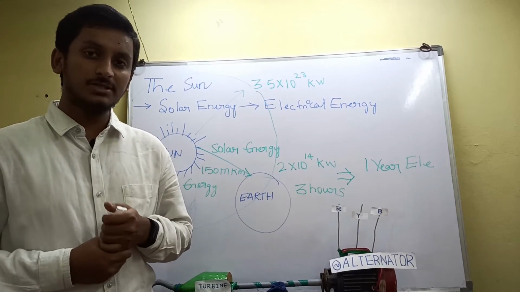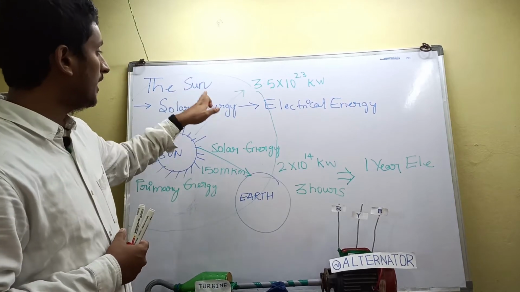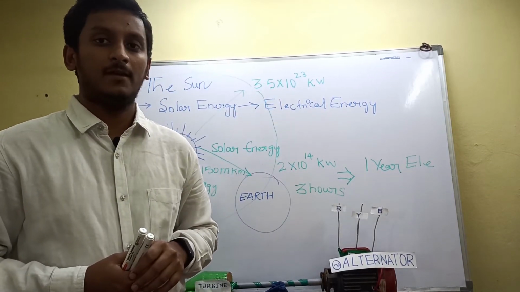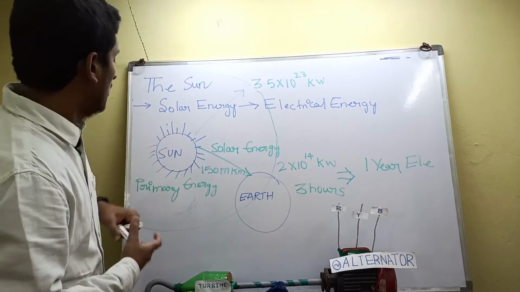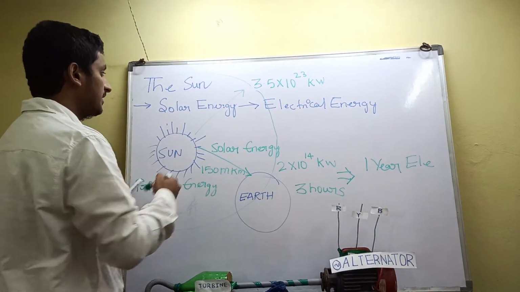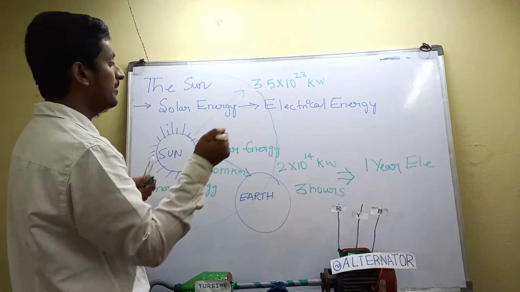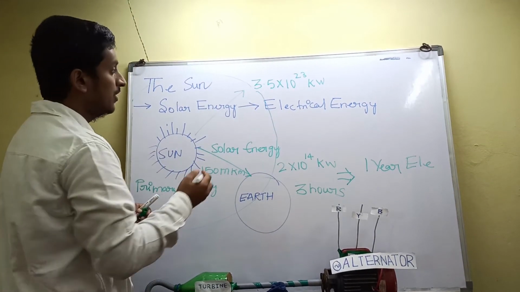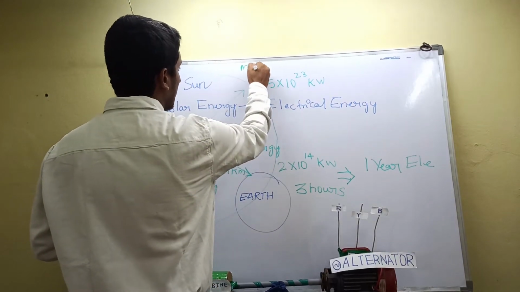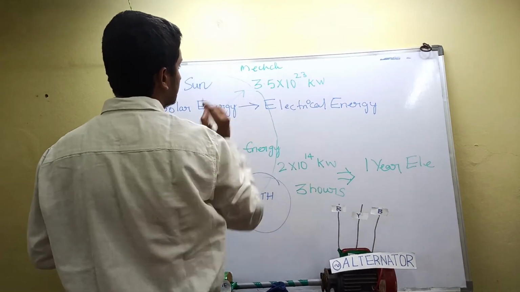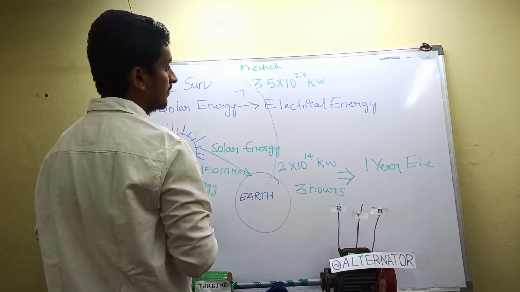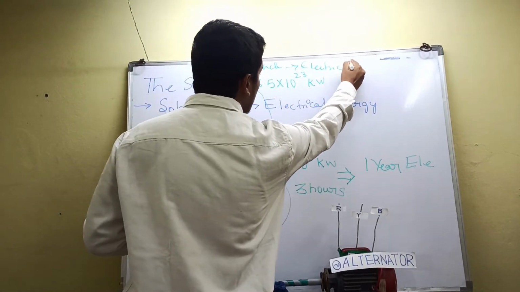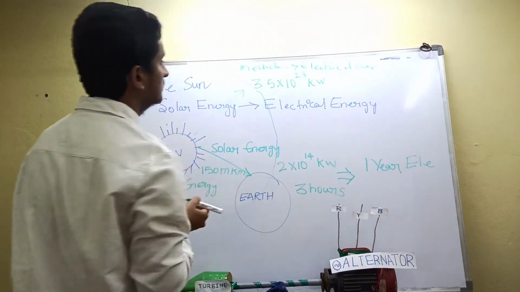Now we are going to see how this solar energy is converted to electrical energy. When this is happening, there is something that has to be done before. That is, we are going to convert mechanical energy to electrical energy.